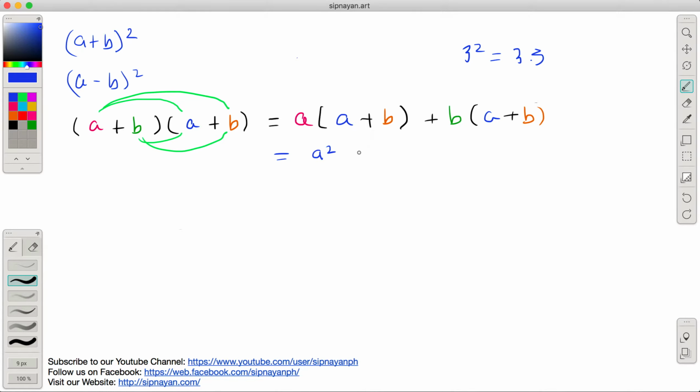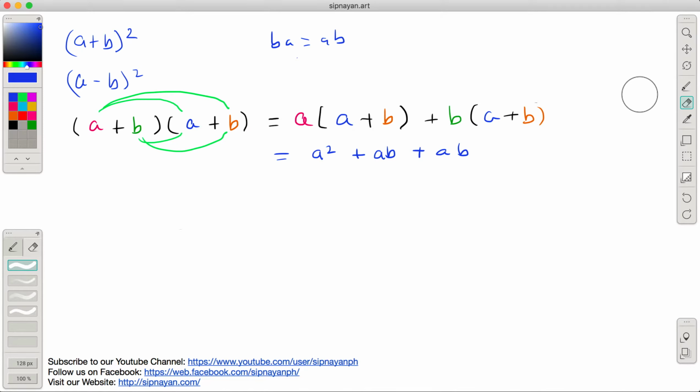And then we have a plus. A times b is ab. Diba? And then we have a plus here. What is b times a? B times a is ba or ab rin. Diba, BA is equal to AB. Pag multiplication, hindi nagmamatter yung order kasi 3 times 2 is the same as 2 times 3.